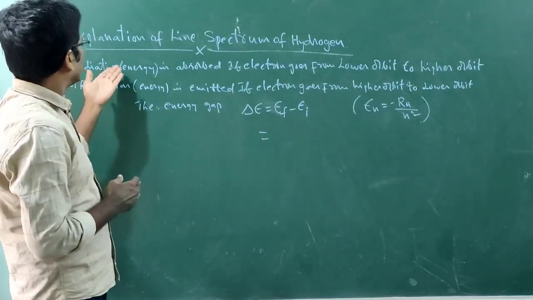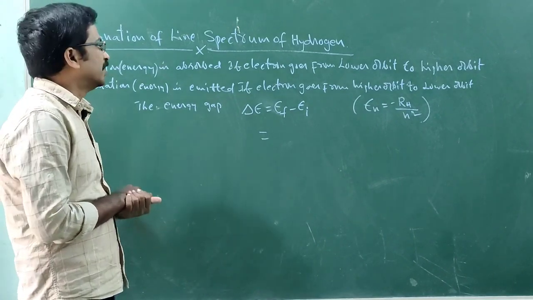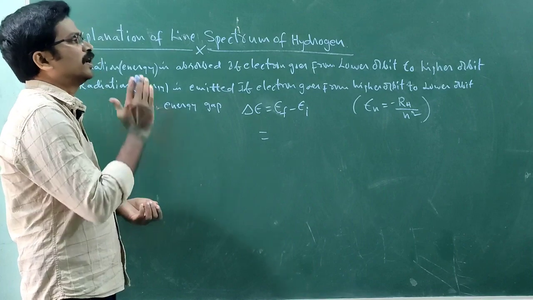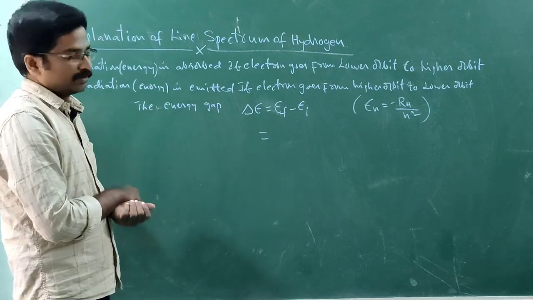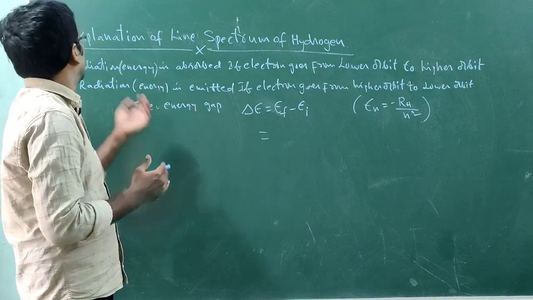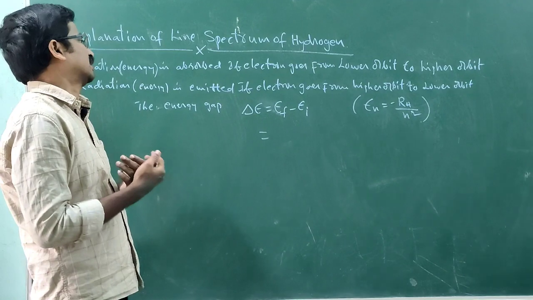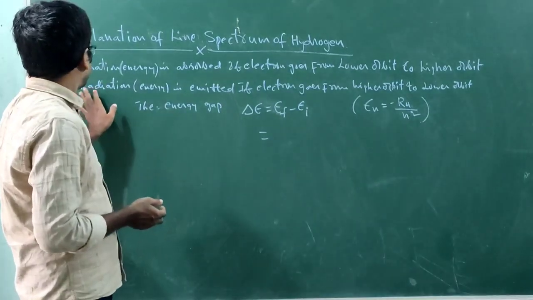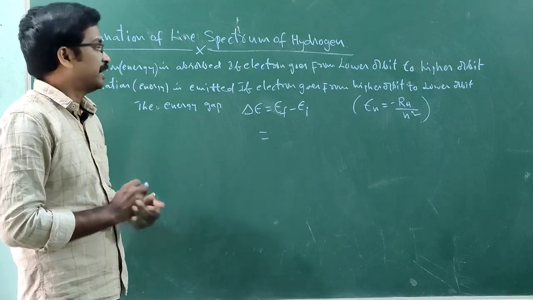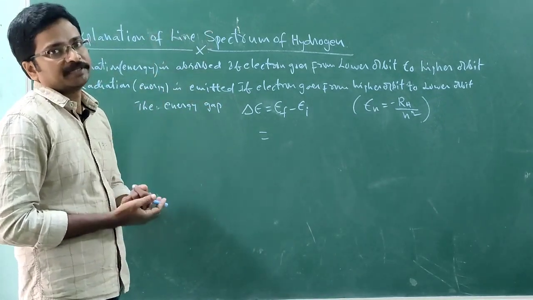He explained radiation is absorbed when an electron goes from a lower orbit to a higher orbit. When an electron goes from a lower orbit to a higher orbit, radiation is absorbed by the electron. In some cases, radiation is emitted if an electron goes from a higher orbit to a lower orbit.